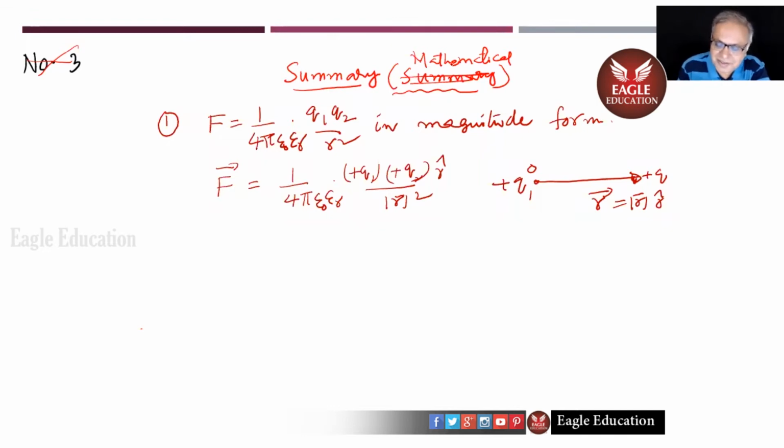Okay. Now, this also can be written as what? 1 by 4 pi epsilon 0 epsilon r, q1 q2. Tell me, how should I write it another way?